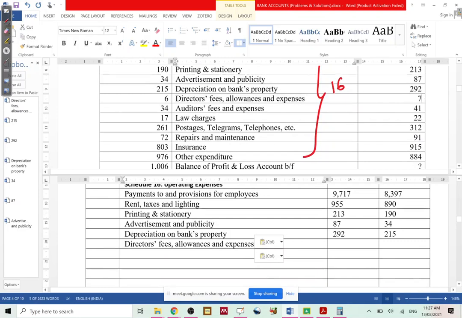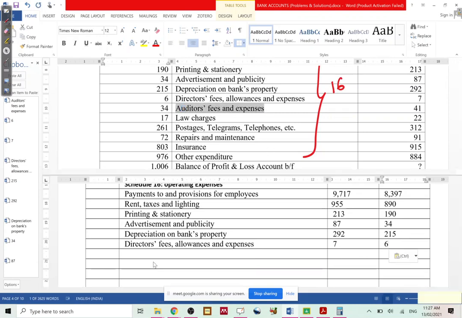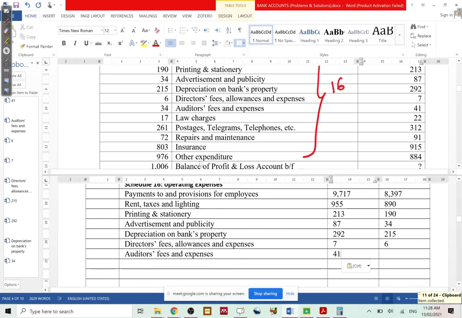Okay, most of the problem involves just shifting all these figures, posting them in the right places in the statement. Right? Auditors' fees. Please try and work it out along. Even if we go a little fast, and of course just copy pasting figures here, you have to actually write and do it, but you can write shorter forms and you can practice it as we are doing it.